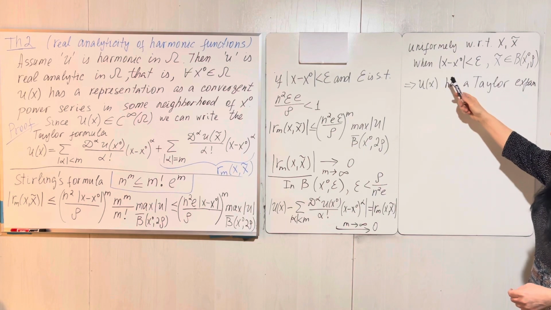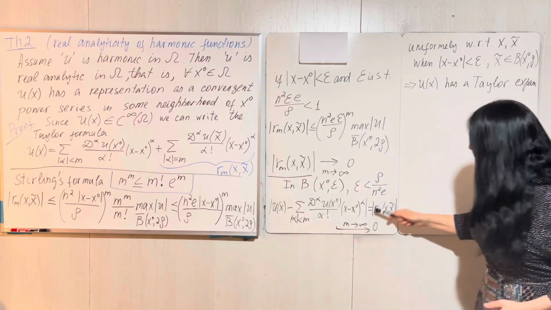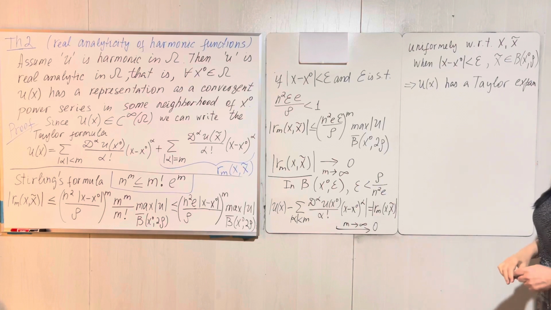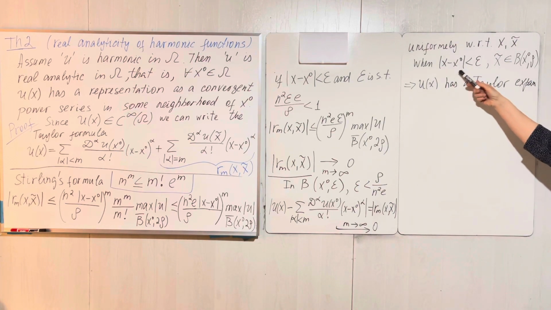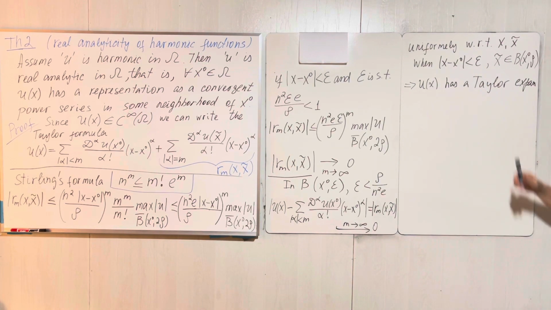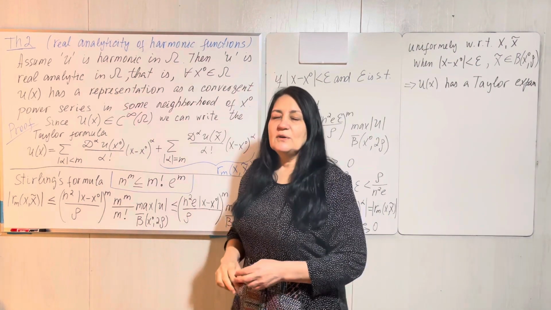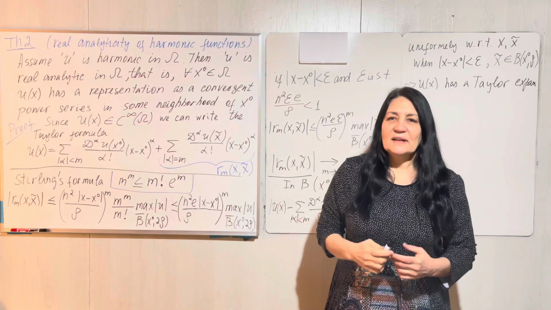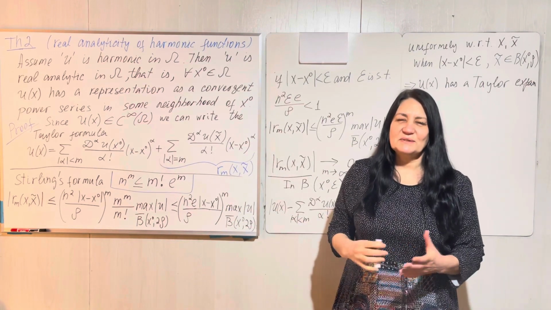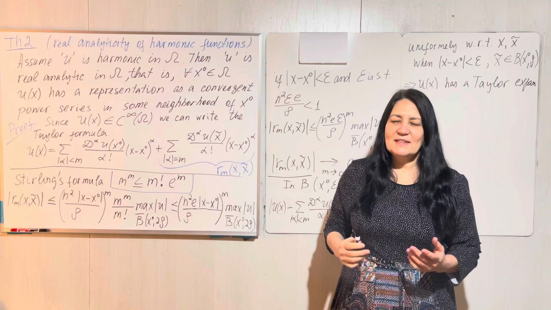That means that this difference will go to 0 when x minus x naught is less than epsilon and x tilde is in the ball centered at x naught of radius rho, which means that our function u of x has a Taylor expansion, so the Taylor series converges. This finishes the proof.